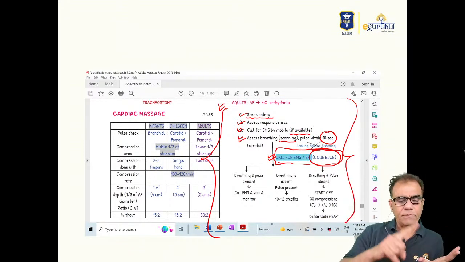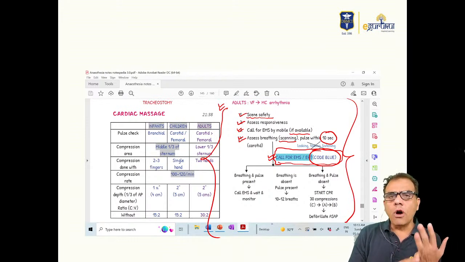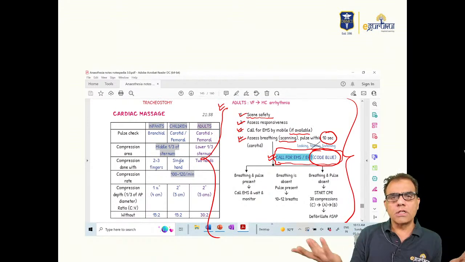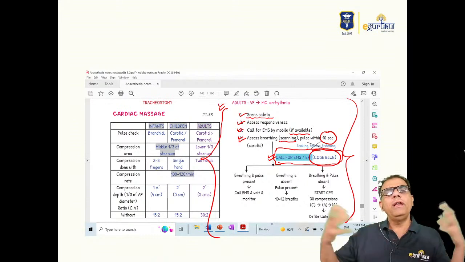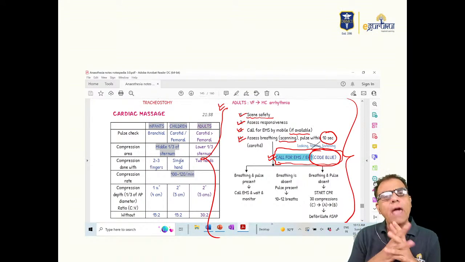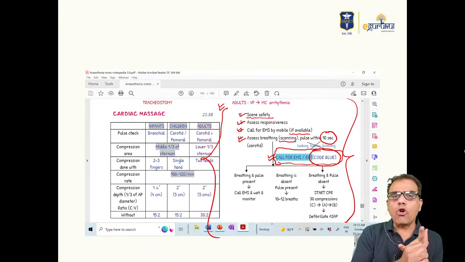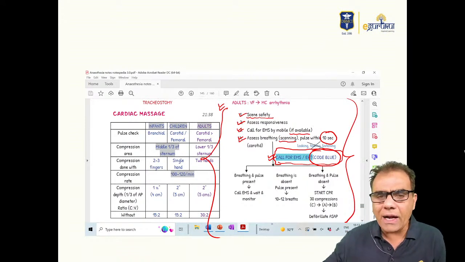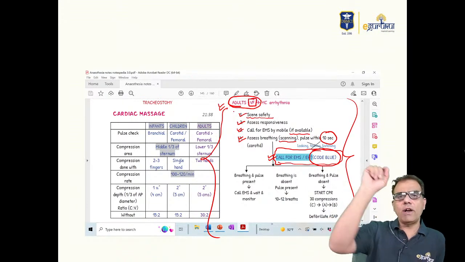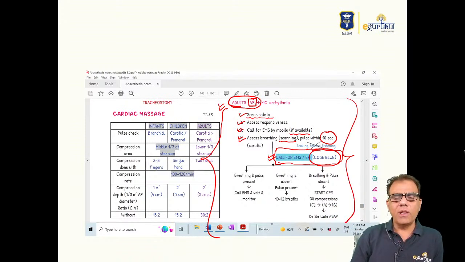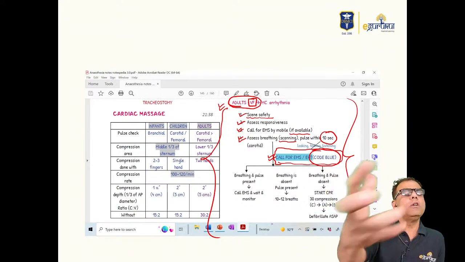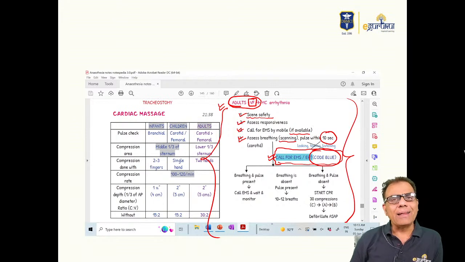One, you are not Rajnikant, so you will need people to do CPR. You need help. Second, the cause of cardiac arrest in an adult should be considered ventricular fibrillation until proved otherwise. And the management of ventricular fibrillation is defibrillation, which should be done at the earliest. So you have to activate the emergency response team so that you can get defibrillation at the earliest.